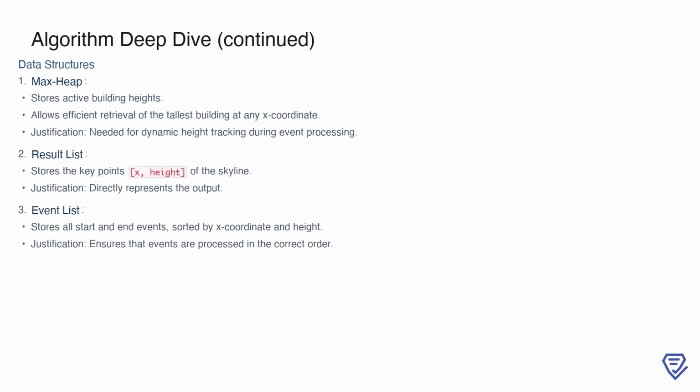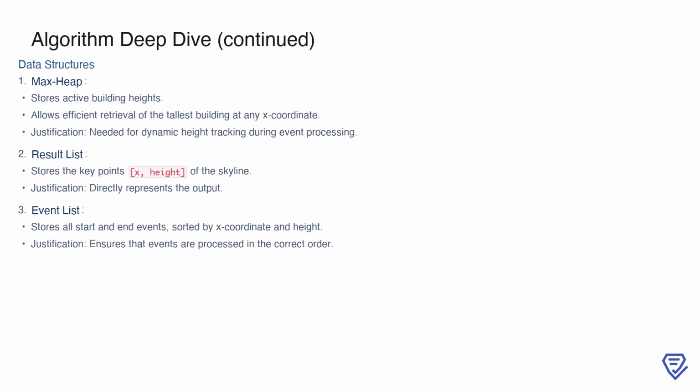The algorithm uses three main data structures. First, the max heap, which stores the heights of active buildings and allows efficient retrieval of the tallest height at any x coordinate. This is essential for dynamically tracking height transitions during event processing. Second, the result list, which stores the key points, x, height, that define the skyline.